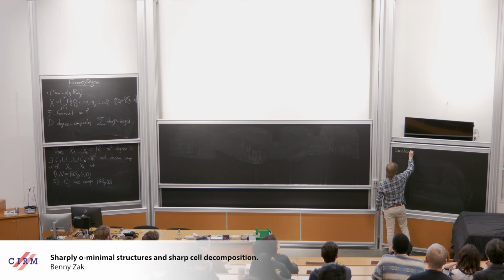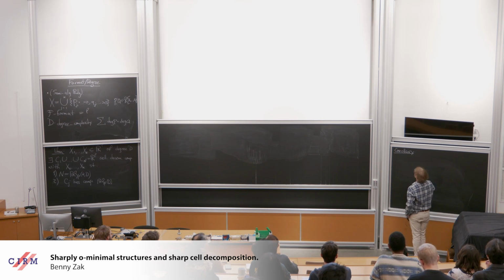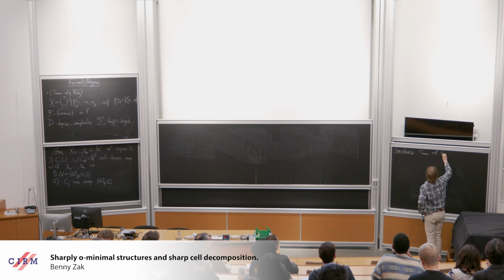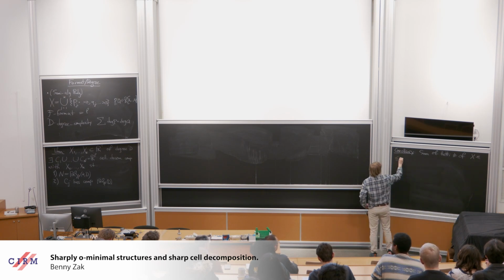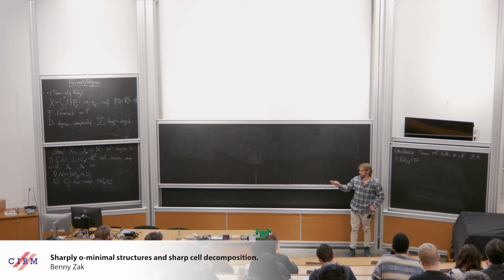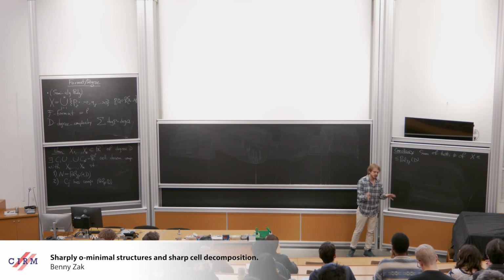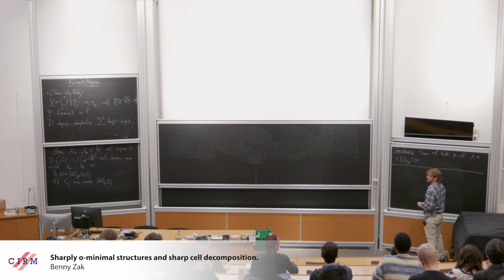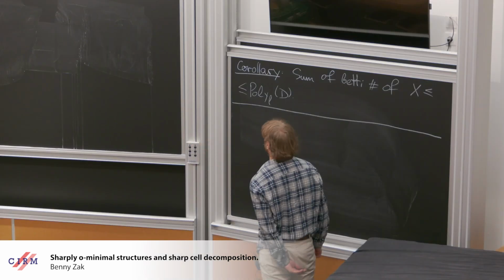Just in English, the sum of Betti numbers of X is bounded by a polynomial in the degree of X, or the complexity of X. It's not a trivial corollary, but it is a corollary. Out of this effective cellular decomposition, you can construct a simplicial structure for X and bound the Betti numbers. So that's format and degree for the semi-algebraic structure. Note that format actually is just the ambient dimension.